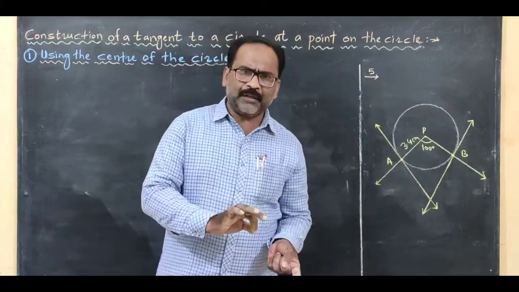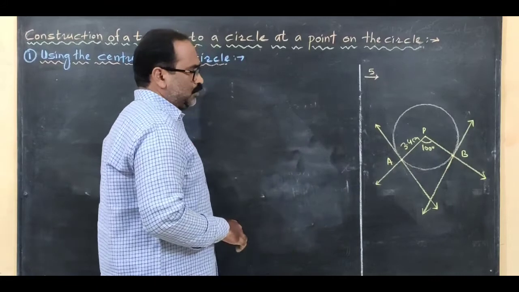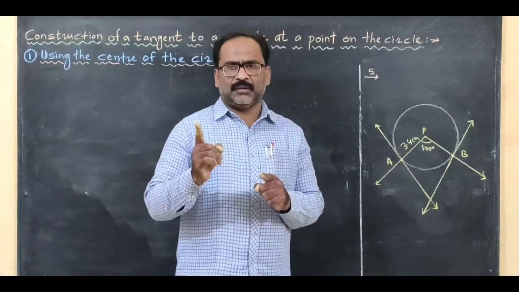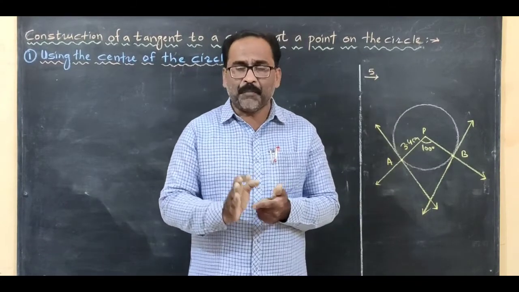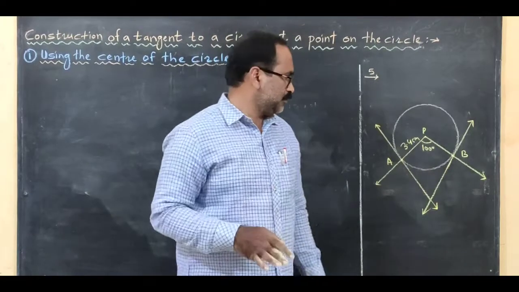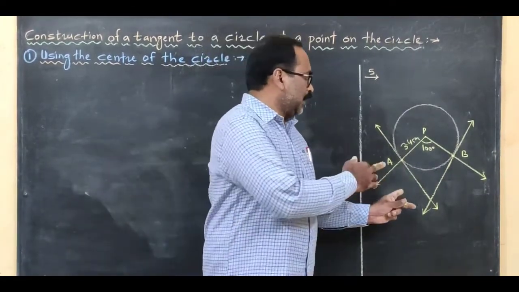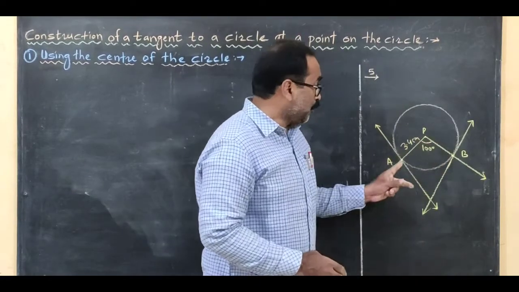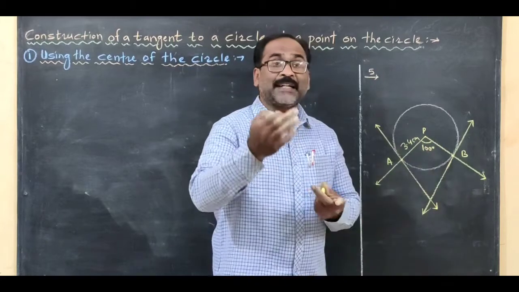Draw arc AB of measure 100 degree. So we know that the measure of a minor arc is equal to the measure of the center angle. So to draw the arc AB of measure 100 degree, we draw center angle APB of measure 100 degree.